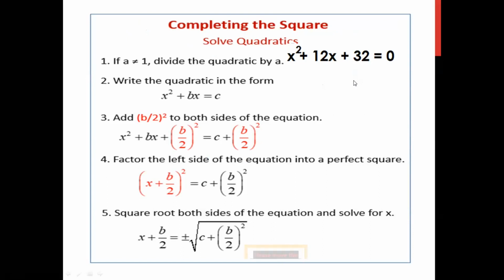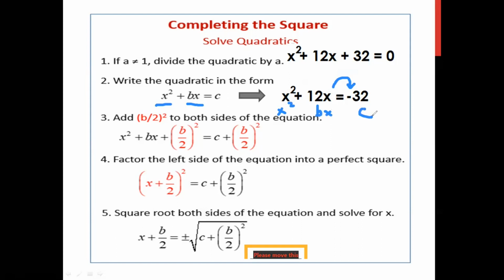Next, write the equation in the form x squared plus bx equals c. So let's transpose our constant, because we only need x squared and bx on the left, and then this is our c.